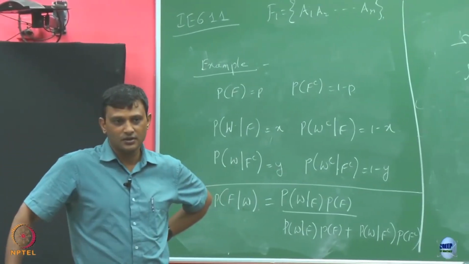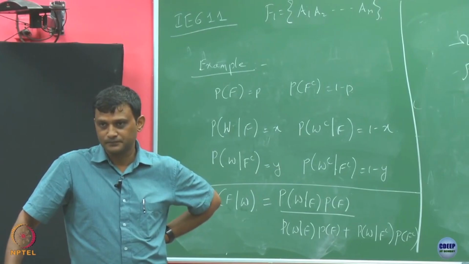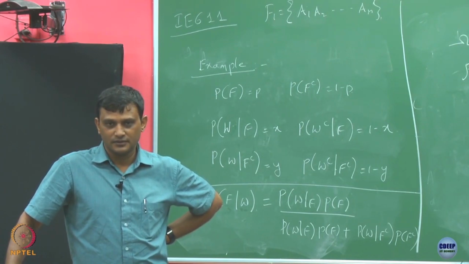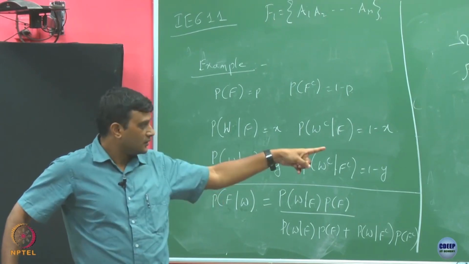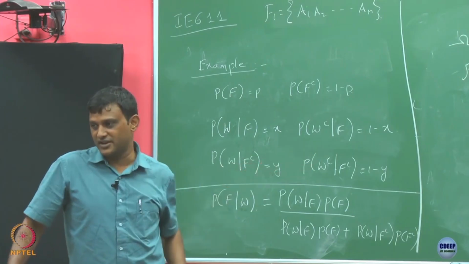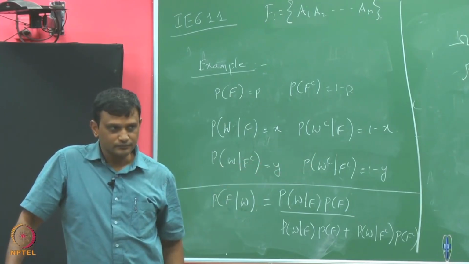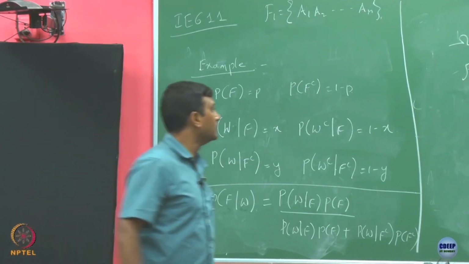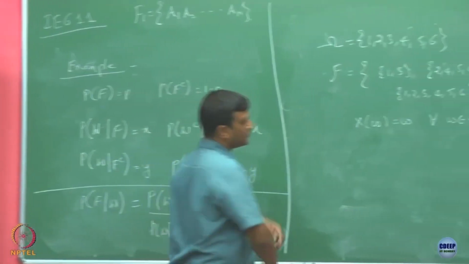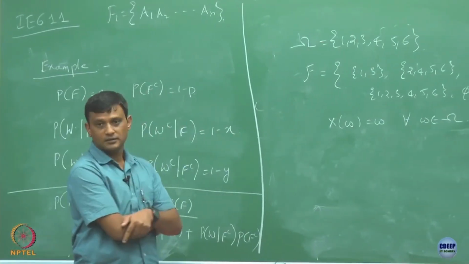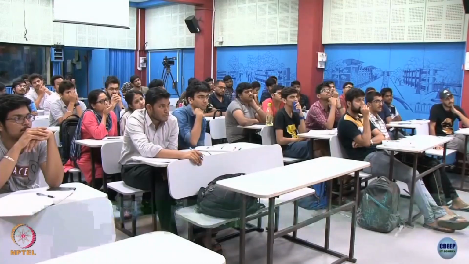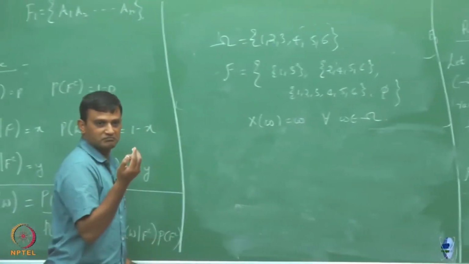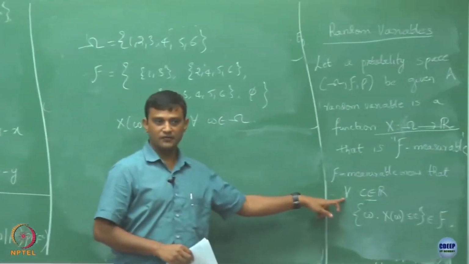So how are you going to check F measurability here? I have given you the definition of F measurability. X(omega) less than or equal to 3 we cannot do. So let us apply this. Let us take some C belonging to R, and this should be true for every C.